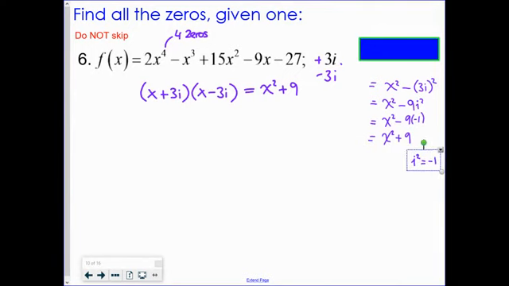Just did that there. Okay, so now what I could do is x squared plus no x's plus 9. I can divide this out by long division.